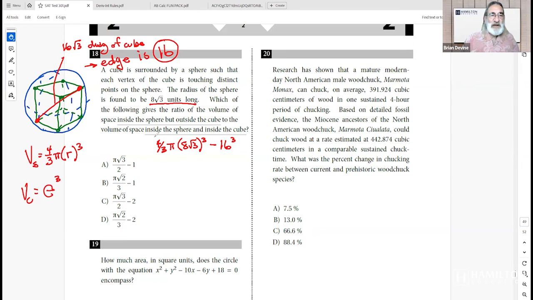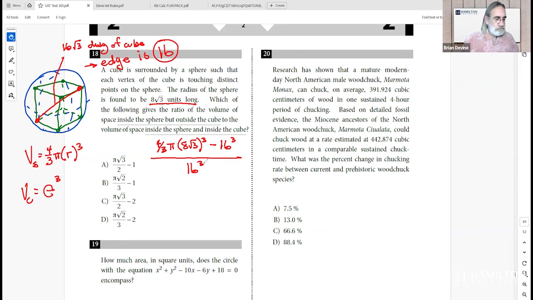That's going to be the space outside the cube, but inside the sphere, and then divide that then by 16 cubed, the volume of the cube, which is the volume inside the cube and inside the sphere. Okay, cool. So we've got it all set up. Now all we got to do is clean it up.